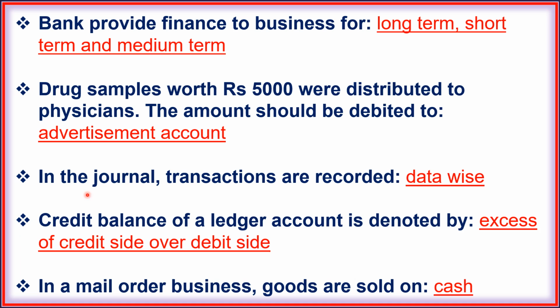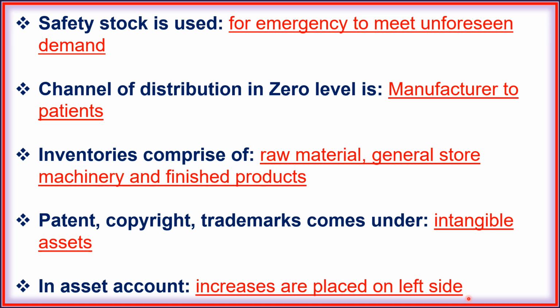Next, in the journal, transactions are recorded date-wise. Next, credit balance of a ledger account is denoted by excess of credit side over debit side. Next, in a mail order business, goods are sold on cash. Next, safety stock is used for emergency to meet unforeseen demand.